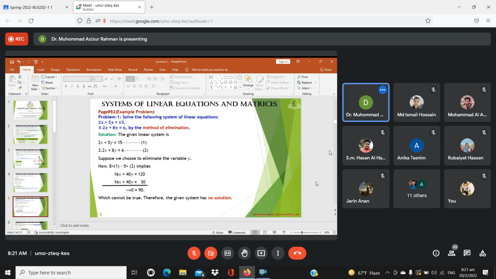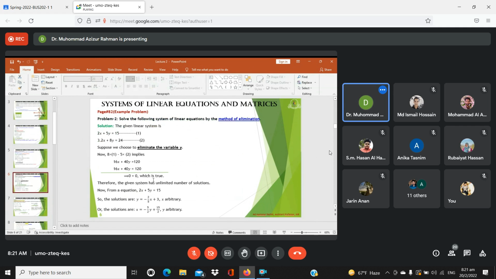So now in our case, we found that 0 equals 0. So we can conclude that we have an unlimited number of solutions. We need to find the values of x and y.